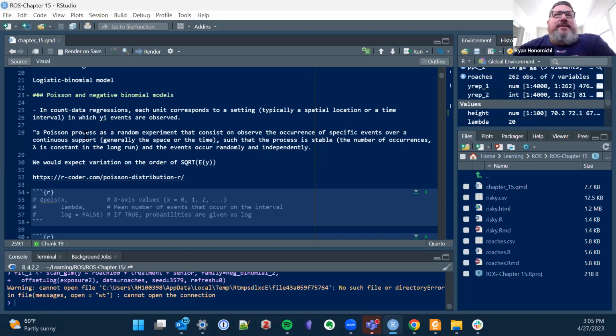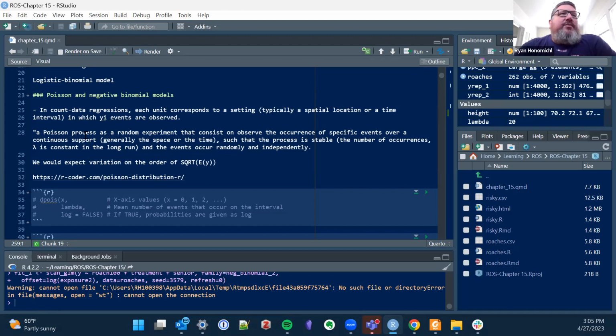The point is it has to be tied to a certain place and typically some kind of time interval, over the course of an hour or a day. There has to be some bounded amount of time and place. Otherwise, it's not really appropriate to do this type of model.